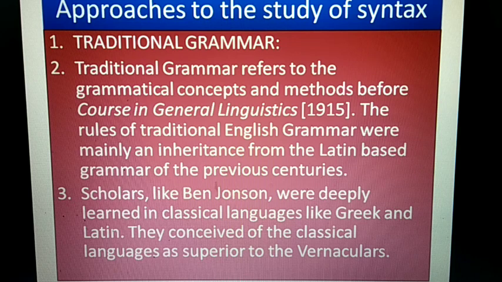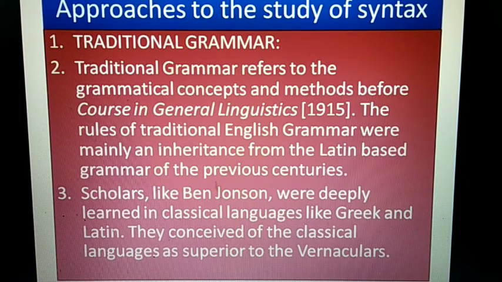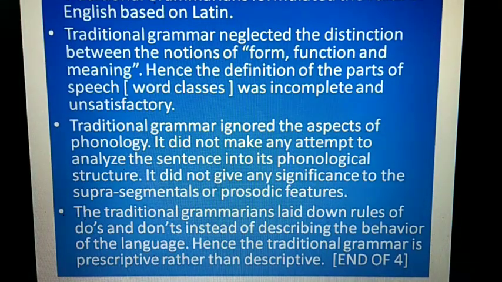So they considered the English language inferior, and they thought the Greek, the Latin, French, Italian, such classical languages, of course, superior. And the rules of these languages had a lot of significance, right? Understand the fact that traditional grammar was, of course, influenced by classical languages. So traditional grammarians formulated the rules of English based on Latin.